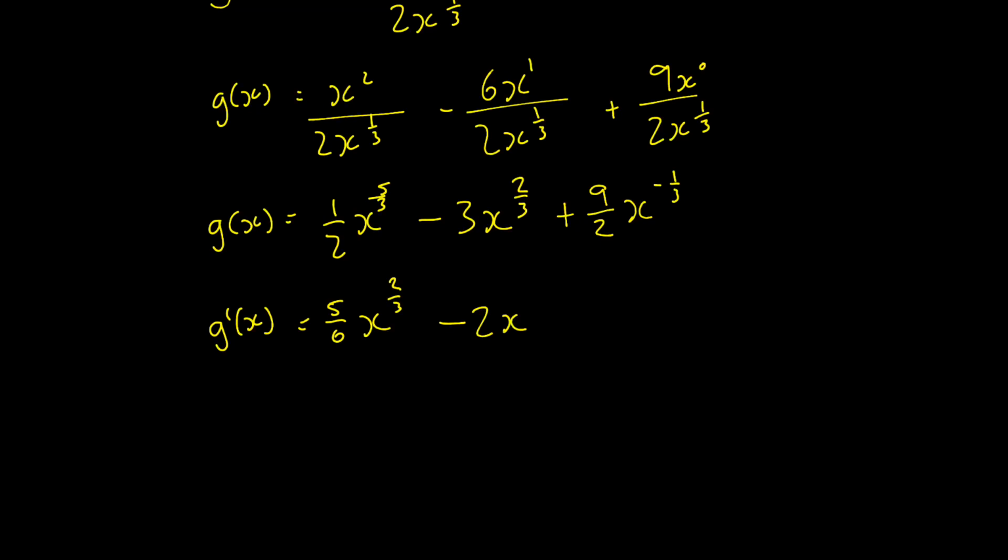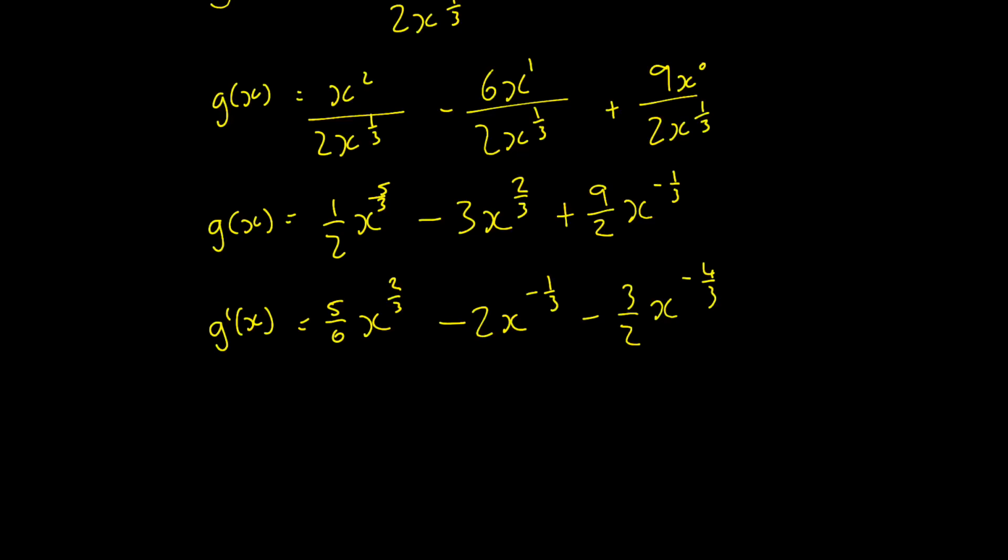Subtract 1 from 2/3, we get minus a third. Last term, negative a third times 9 over 2 is negative 3 over 2. If we subtract 1 from negative a third, we get minus 4/3.